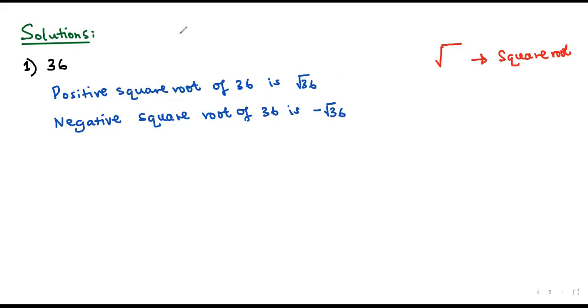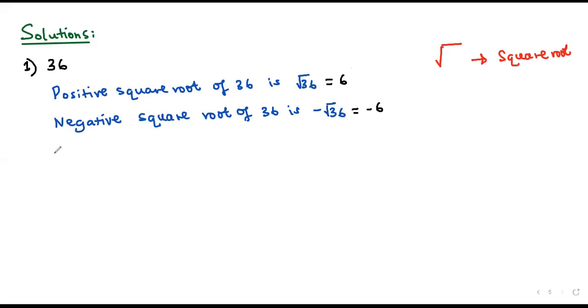So what number can we square to get 36, student? 6. Very good, 6. So it means that the positive square root of 36 will be 6. And the negative square root will be negative 6.